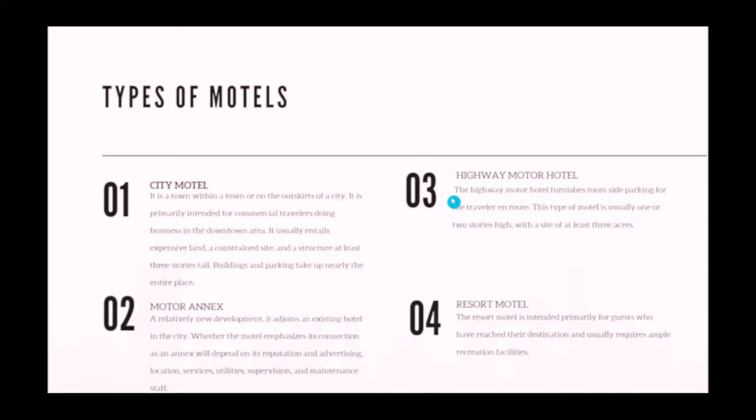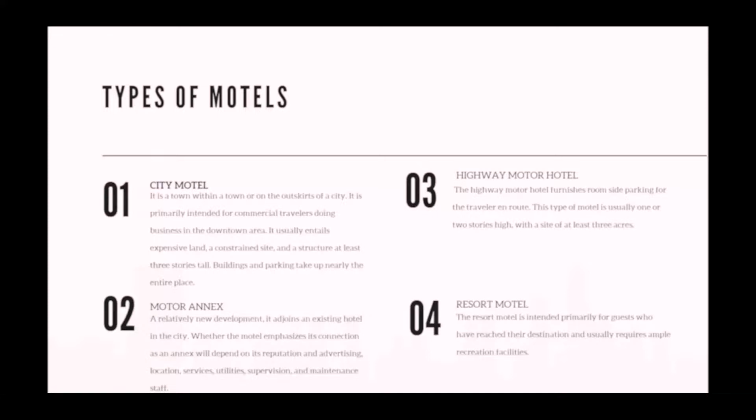Okay, number 3, highway motor hotel. A highway motor hotel furnishes roadside parking for the traveler en route. This type of motel is usually 1 or 2 stories high with at least 3 acres of land. So ito yung usual na makikita sa mga highways within the outskirts, hindi sa city, parang transition pa lang from the city.